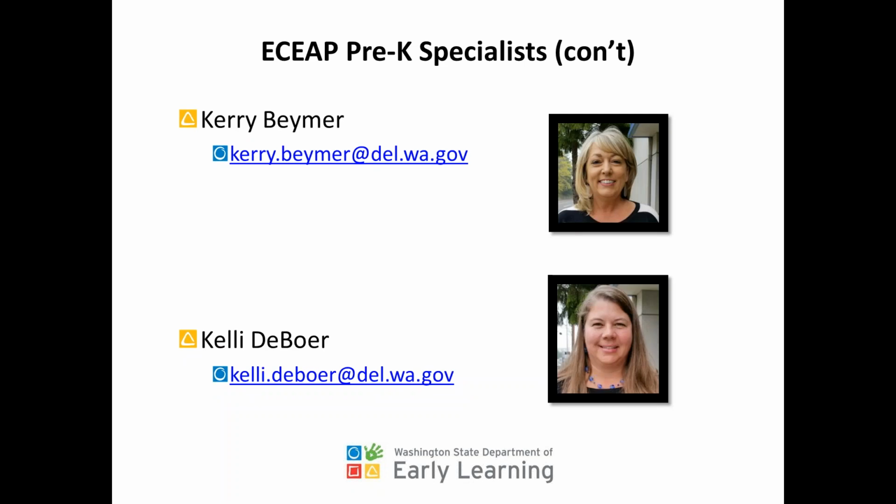And then we have Carrie and Kelly. Earlier, Carrie was listed in pink and works with contractors mostly located in the north central part of the state. And Kelly was listed in light blue and works with contractors who are mostly located in the northwest area of the state.